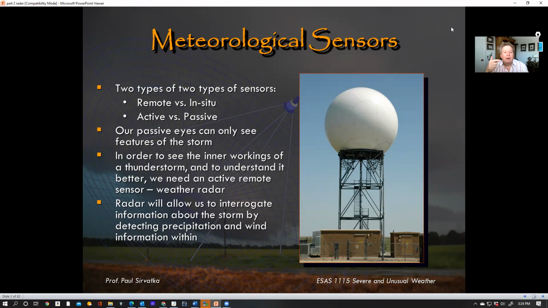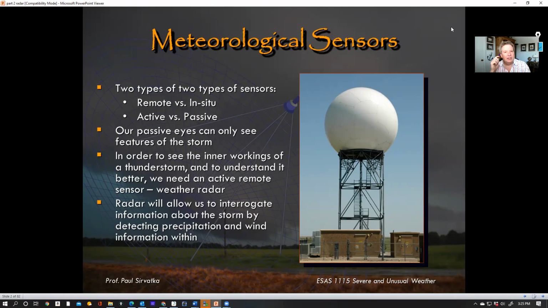Now, we also talk about eyes. Are eyes remote or are they in situ? What do you think? Well, the reality is eyes are remote because I'm looking over there. The only senses that are in situ would be like taste. Taste is right here. Feel is right here.